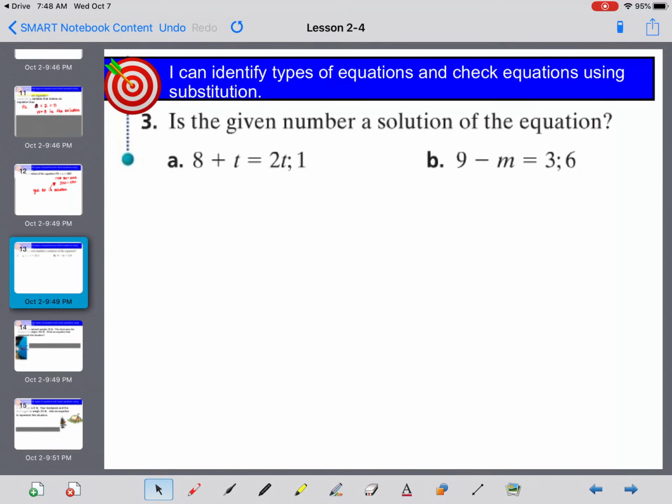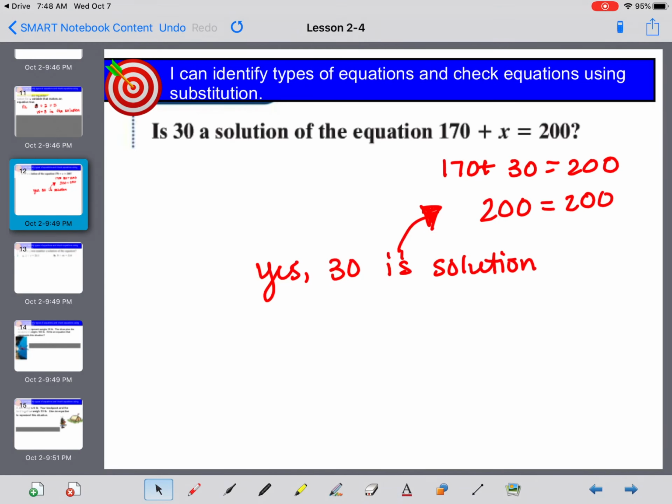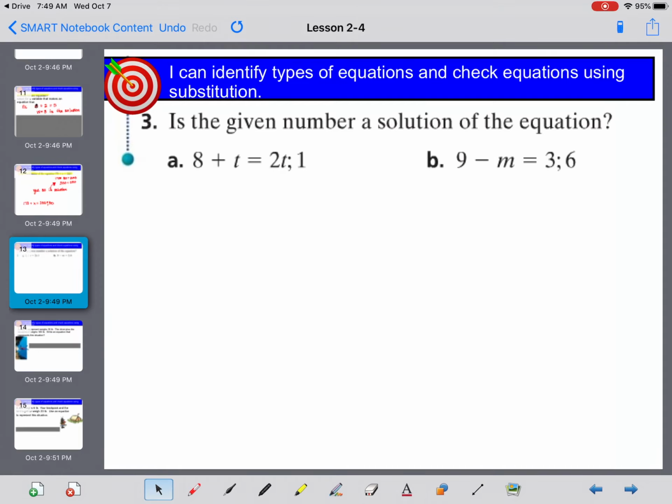It's your turn to try. This is written kind of funny, but do you see in this example how it's written all so long? Is 30 the solution to the equation, and so on. They could have done this: 170 plus x equals 200, and then put a semicolon and written the number 30. That means put x as 30 into the equation. So when you go on to these problems, what they're really saying is x is 1.